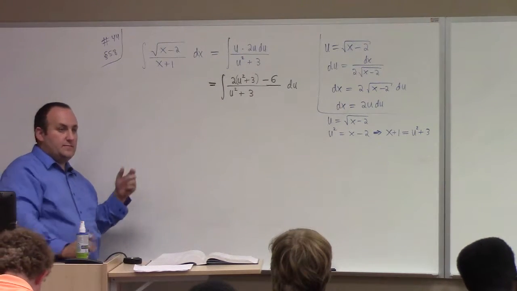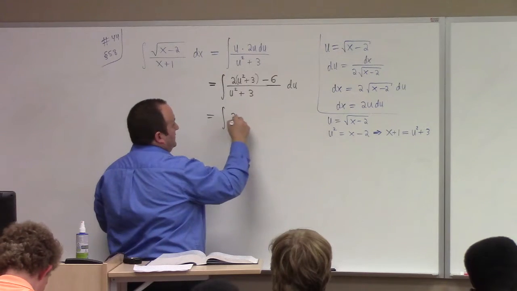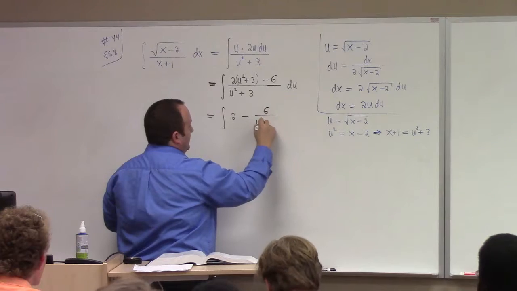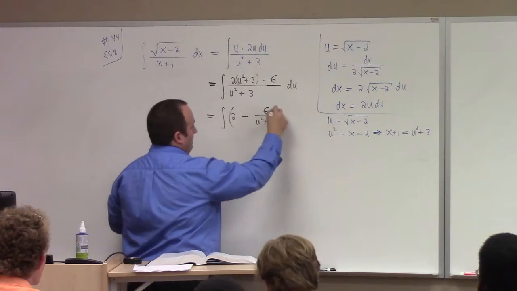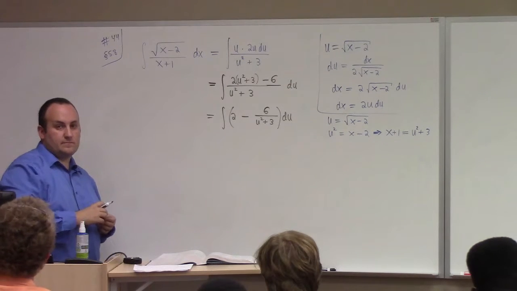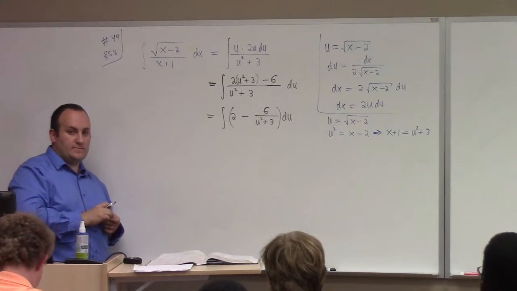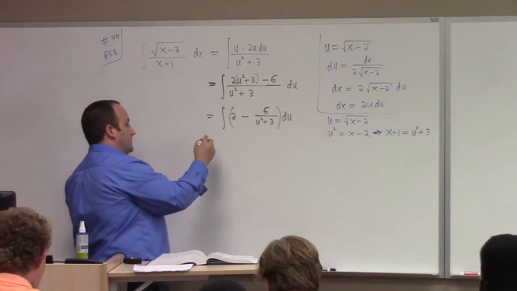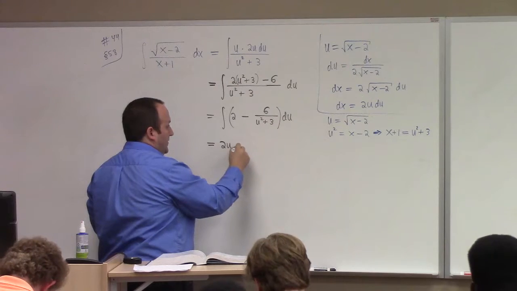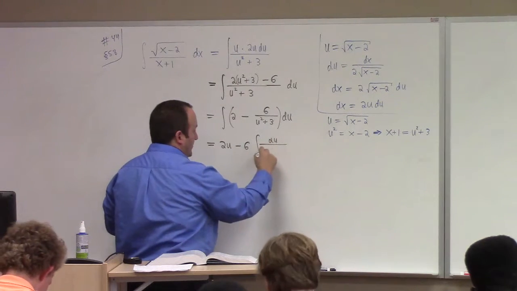Why did I do that? Because with that, it's clear that this is the integral of 2 minus 6 over u squared plus 3. Now I know how to integrate 2, right? That's easy. So I get 2u minus 6 times the integral of du over u squared plus 3.